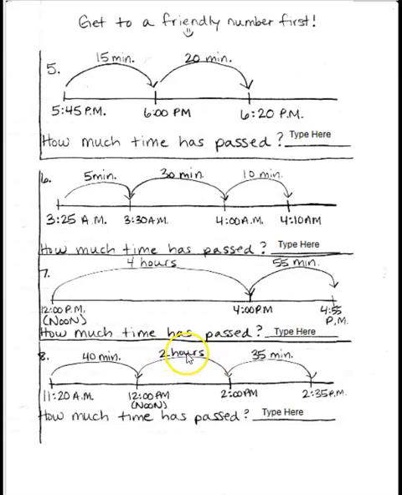So instead of 2 hours, we're actually going to have 3 hours. So it's your job to figure out how many extra minutes there are in, so it was 75 minutes, right? So what's the total going to be? We know that 60 of those minutes are going to make another hour, so our hours are going to be 3. And then how many extra minutes are there going to be?